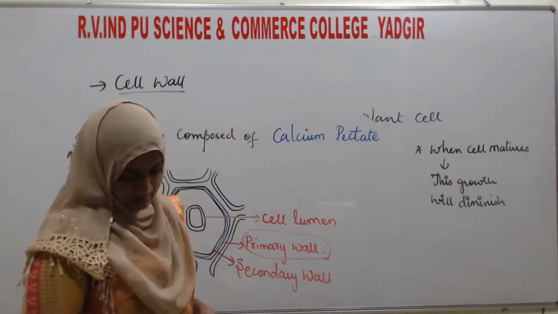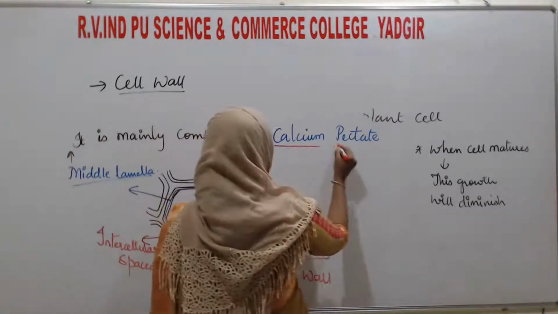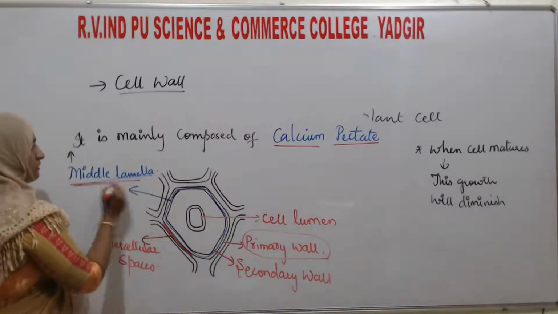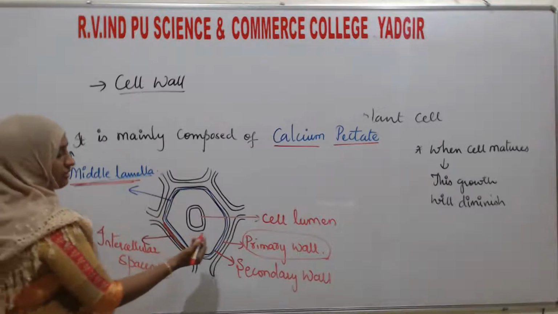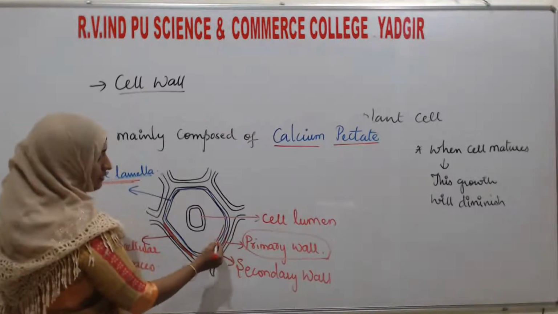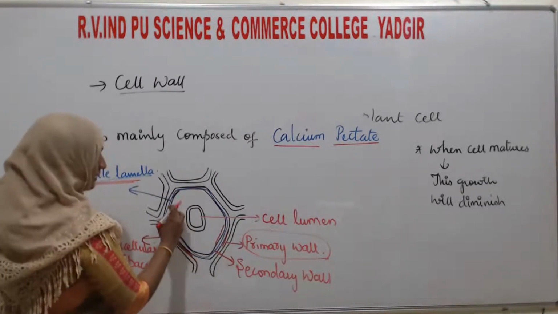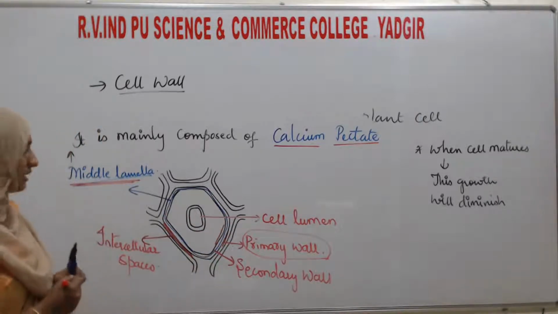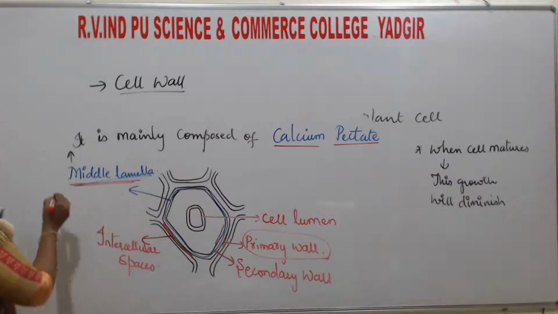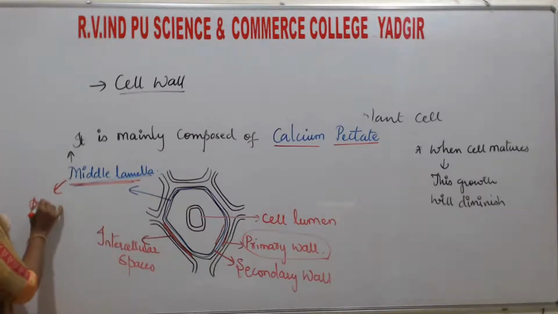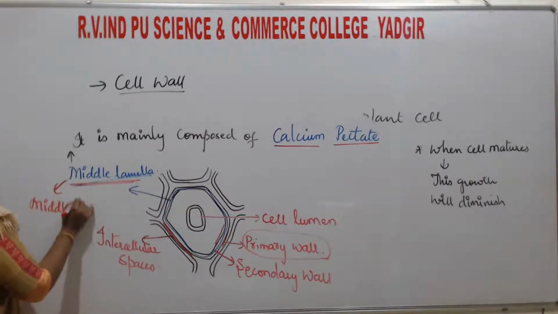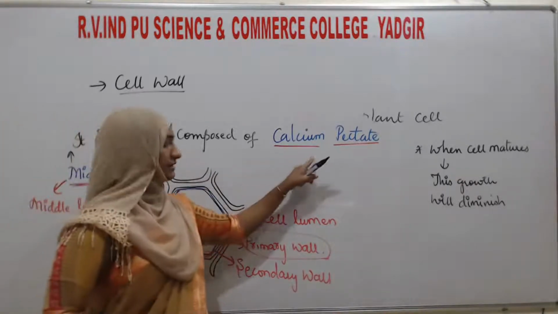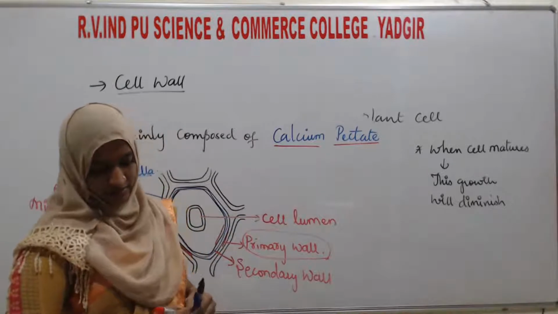Okay. The middle lamella layer is present in between the primary wall and the secondary wall. I had represented it with the blue color line. So that layer is the middle layer, which is mainly composed of calcium pectate.